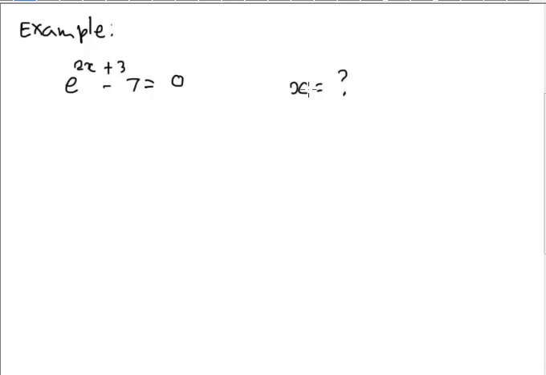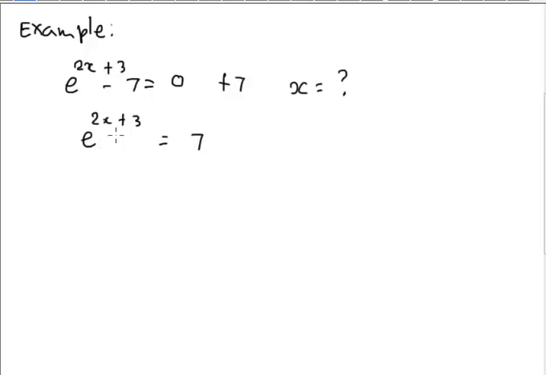Right. Then what we need to do here, we need to find the x. I think the first task we must do is leave the term with x on one side of the equation. So what does it tell us? We must add 7 on both sides. Then we get E to the power 2x plus 3 equals 7.